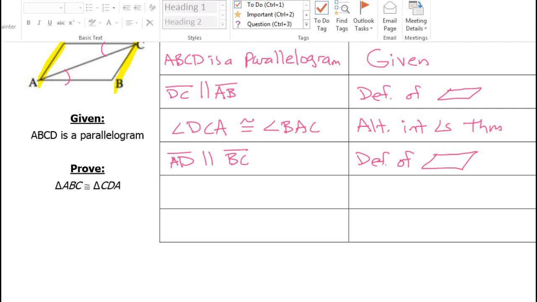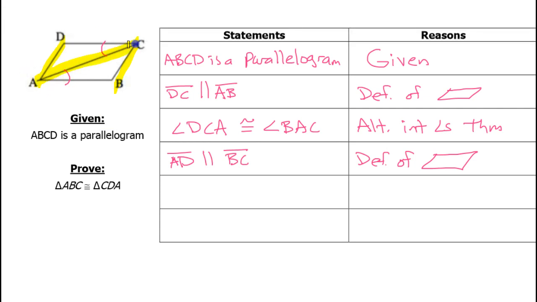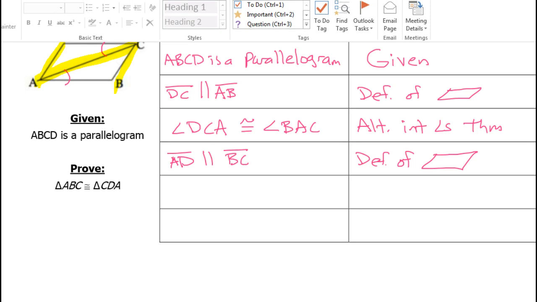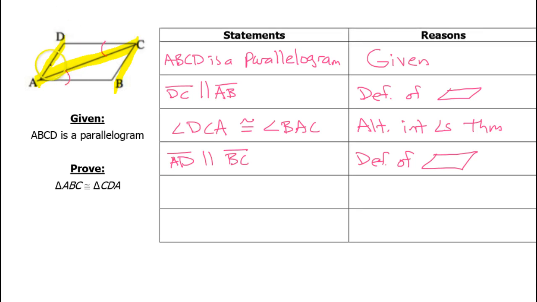And again, if I highlight the transversal, it really shows you which angles have to be congruent, because you want to look at the corners of the Z. So this angle will be congruent to this angle. So that's going to be angle DAC is congruent to angle BCA. And again, that is our alternate interior angles theorem.